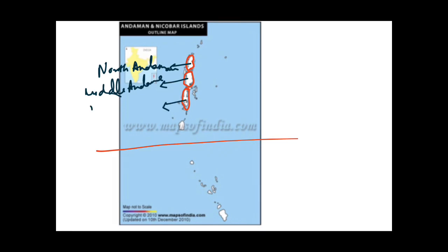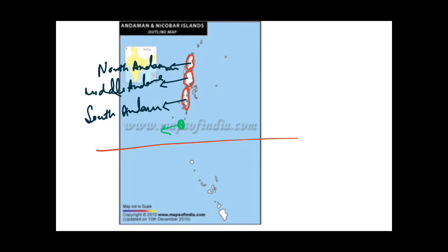And this third one is South Andaman. After this, you are able to see this small island, and this small island is known as Little Andaman. Let me write the name over here. This is Little Andaman.